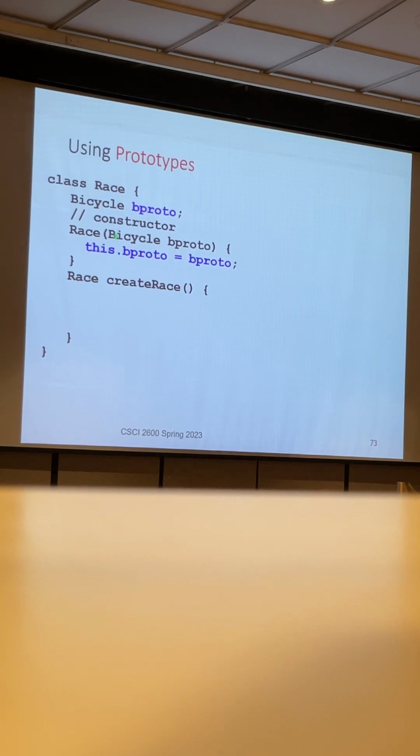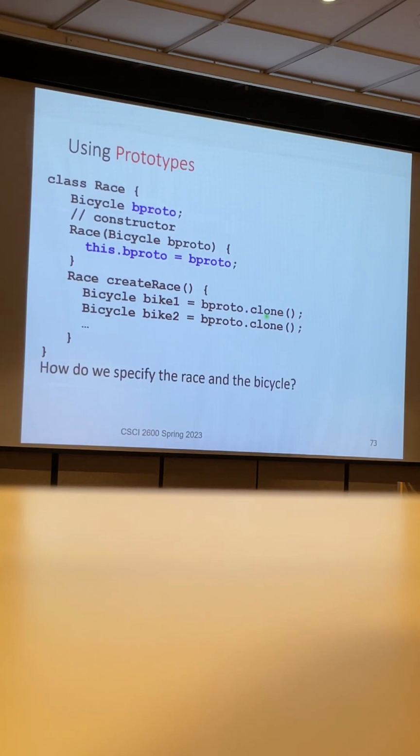So here's our prototype. We just store it, we don't do anything with it. But in createRace, we use this prototype to create clones of it. So for us, this prototype is sort of read-only. This is our sample. And whenever we need to create more bikes, we just clone that sample. Okay, so that would be an example of using prototypes for this bicycle example.